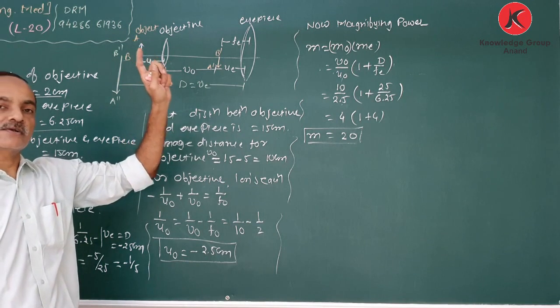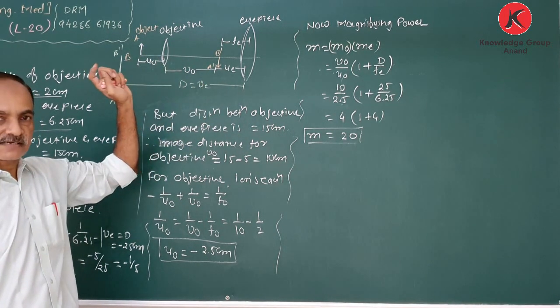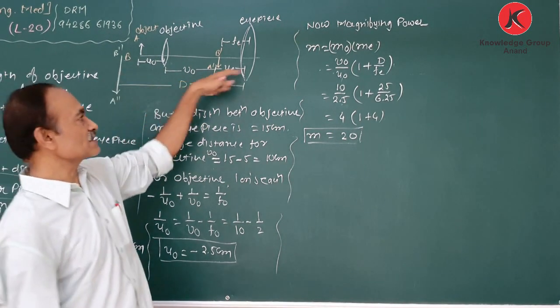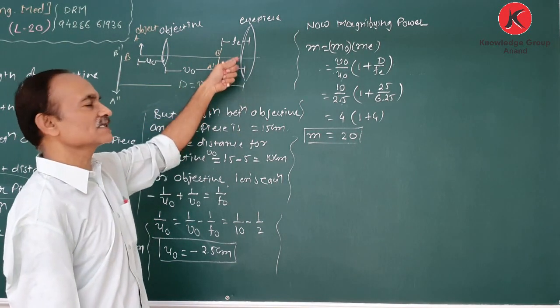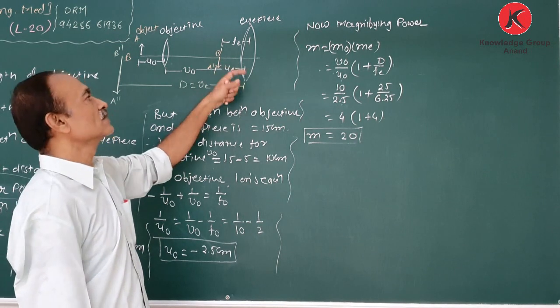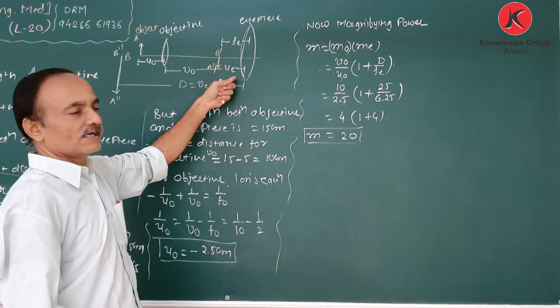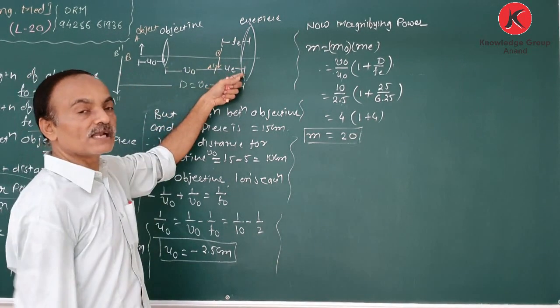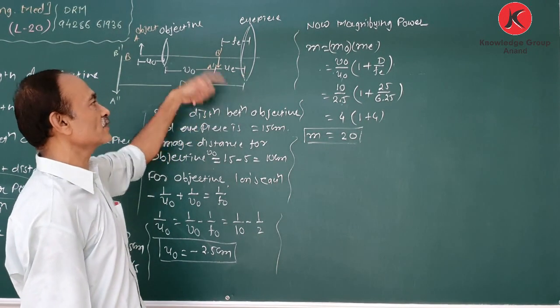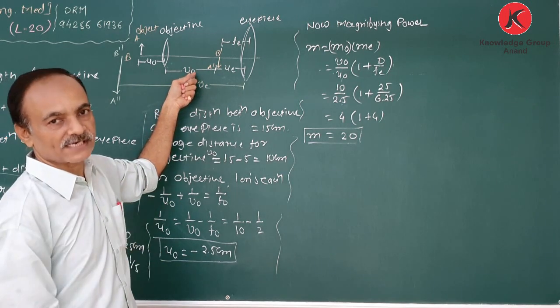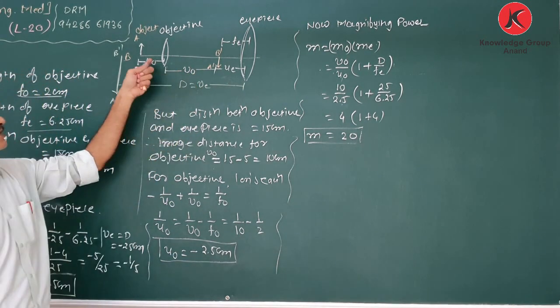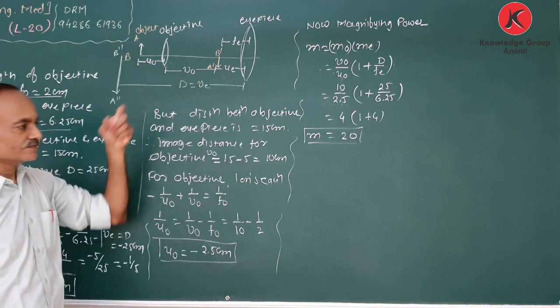We have to apply the lens equation two times. From the last point we have to calculate: in the distance given, first find the object distance for the eyepiece. Now, we know the total distance between the two lenses. Subtract this distance from the total distance, we obtain the image distance for the objective. Again, use the lens equation, we find out the U0.